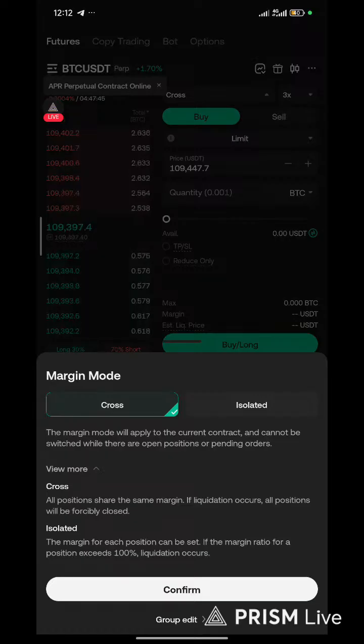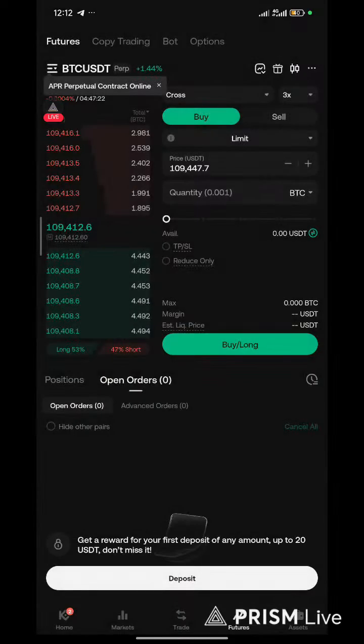And isolated is where the margin for each position can be set; if the margin ratio for a position exceeds 100%, liquidation occurs. In my experience in trading, I will advise you to always go with cross margin. It's safe.